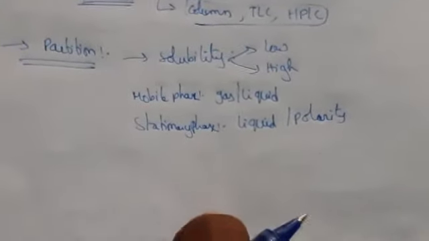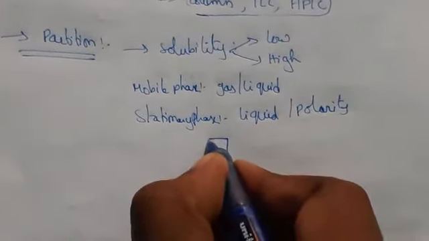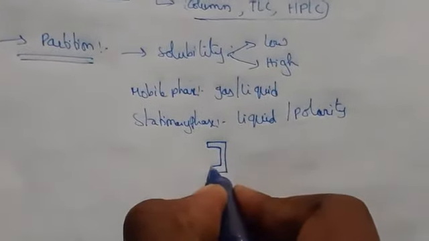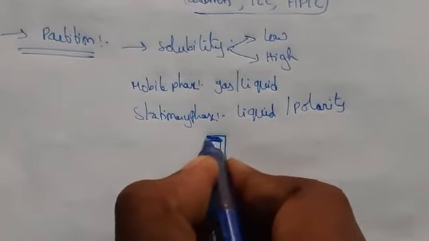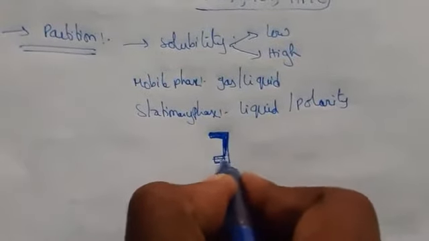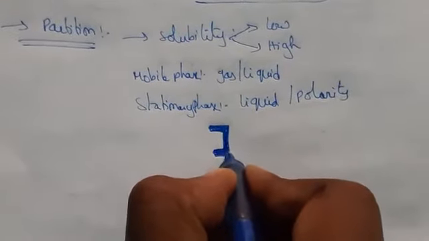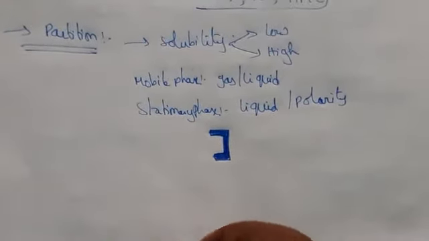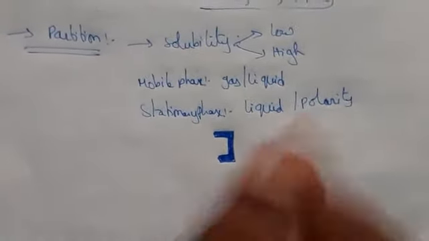I have said the stationary phase is a liquid. Let us take a supporting material of the stationary phase. This supporting material consists of a solid and is coated with a liquid. Like a wire: inside we have copper wire, outside a thick insulation.